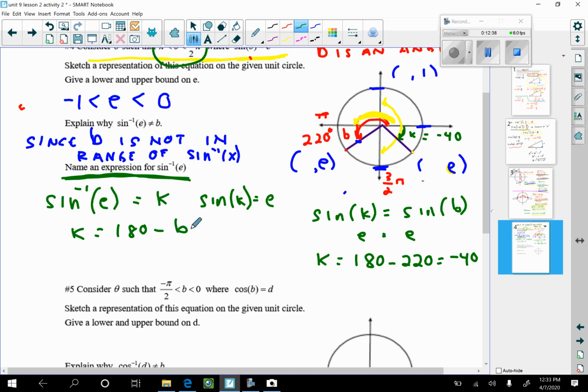It is indeed. It is true. And if I wanted to use radian measures, K is simply going to be pi minus B. So that's an expression for inverse sine of E.